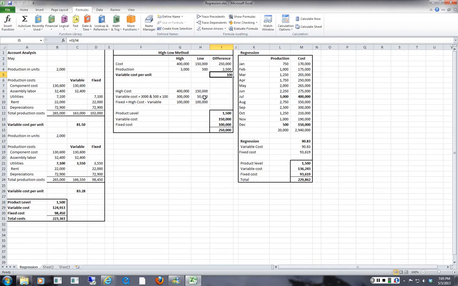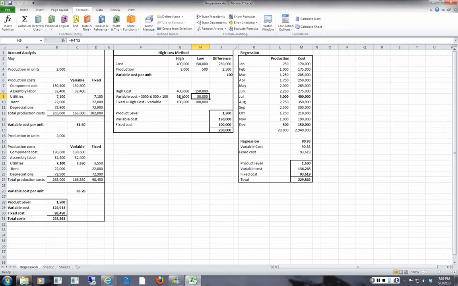So now we've got our unit cost, but we've got to find our fixed cost. We've got our high cost and the low cost. For the variable cost, we want to know what it is for 3,000 units and 500 units times 100. The 3,000 times 100 gives us 300,000, and 500 units times 100 gives us 50,000.